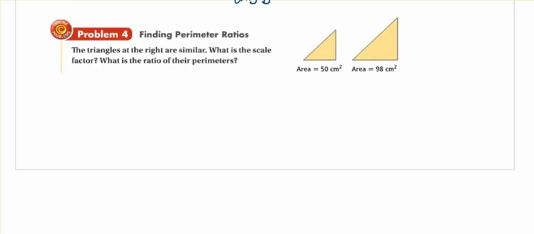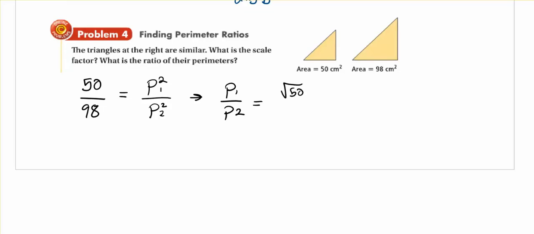Okay, so this one is asking us to work a little bit backwards. So I know it's 50 to 98, but that's the ratio of the areas. And we know that's going to be the ratio of the perimeters squared. So I'll call it P1 squared over P2 squared. Okay, so without doing any crazy math, to get P1 over P2, all you really have to do is square root this. So it should be the square root of 50 over the square root of 98. Now let's see if we can do any work to break that up.